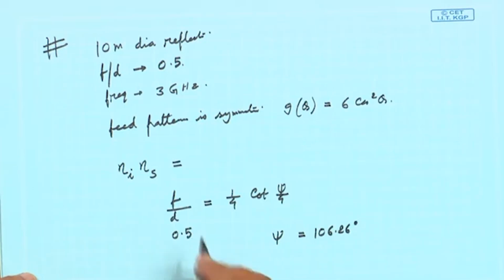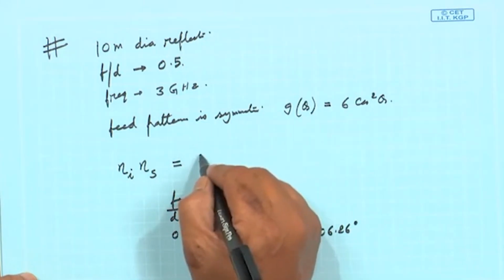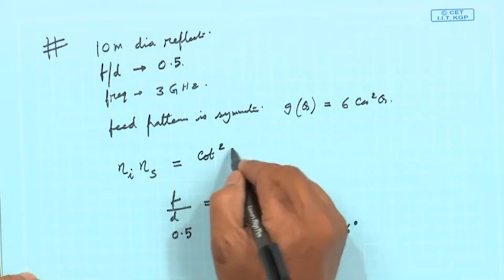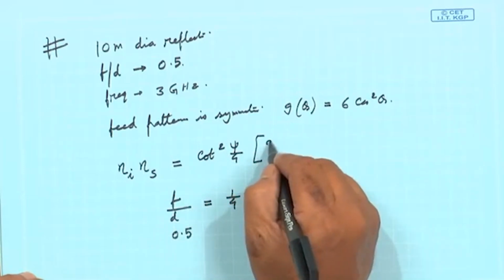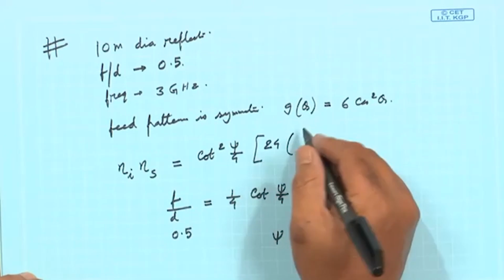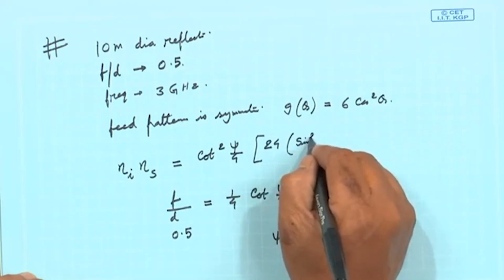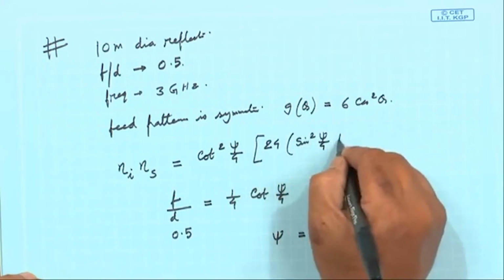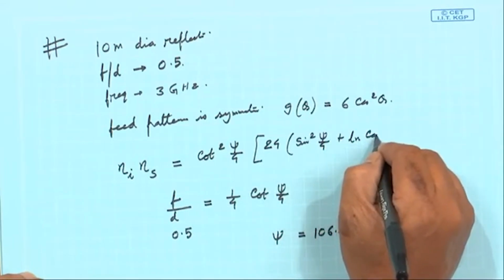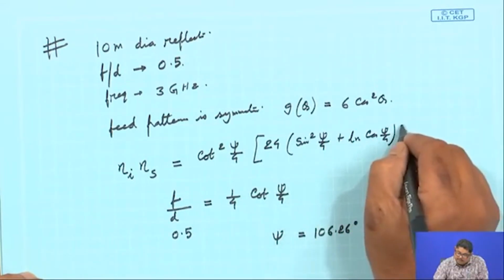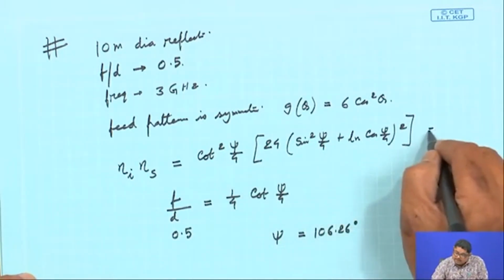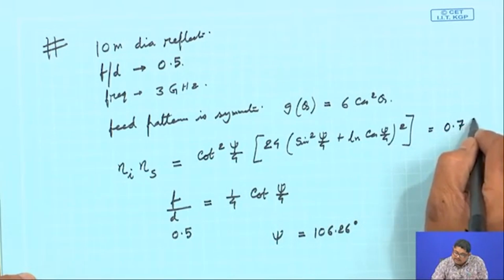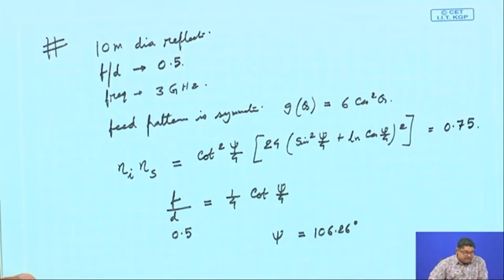Now we can find eta s, because eta s is cot squared pi by 4 times 24 sin squared pi by 4 plus ln cos pi by 4 whole squared. This expression I have already given earlier. If you calculate, you will see that this value comes to be 0.75.